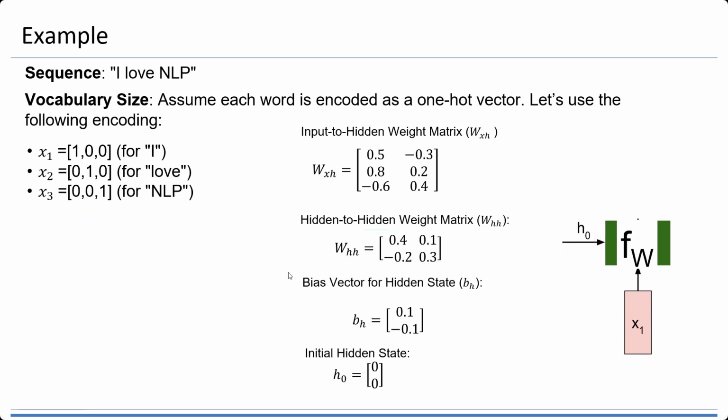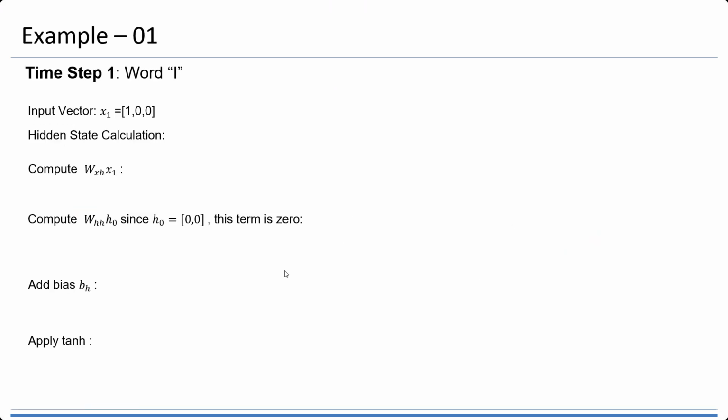Now we can do the calculation. For every word, if I'm now at the word I, this is time step 1. For time step 1, we use the vector x1, which is 1, 0, 0. Then we can perform the calculation.